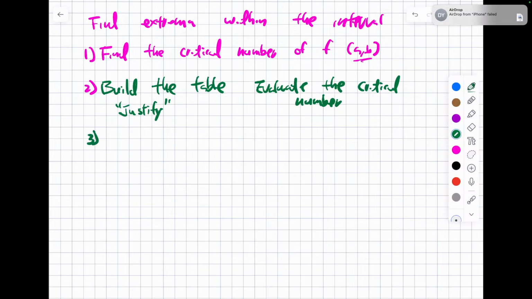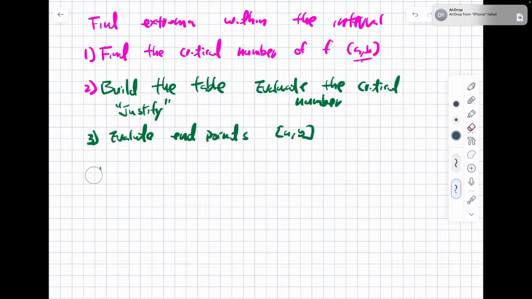The third step is to evaluate the endpoints. You have to evaluate the y value at the endpoints, because maybe that y value is higher than the relative maximum. So therefore, you have to evaluate the endpoints. There are 2 points between A and B, A and B. Last, step 4, you compare them.